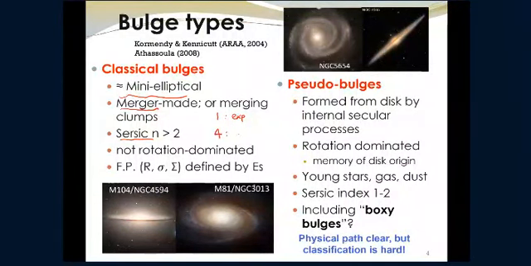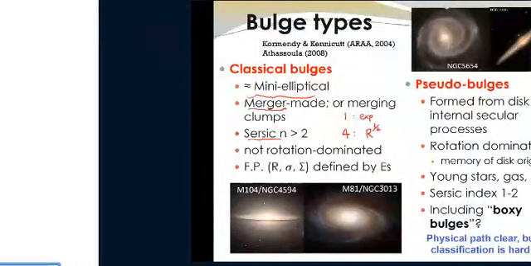For a Sérsic index equal to 4, a galaxy follows the R^(1/4) law, also known as the de Vaucouleurs law. The exponential is a defining characteristic of disk galaxies, and n equal to 4 is closer to the traditional density profile of elliptical galaxies. Classical bulges are normally not rotation dominated, but they do have rotation.